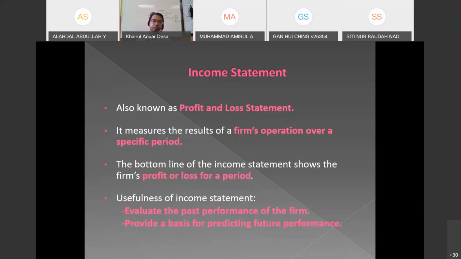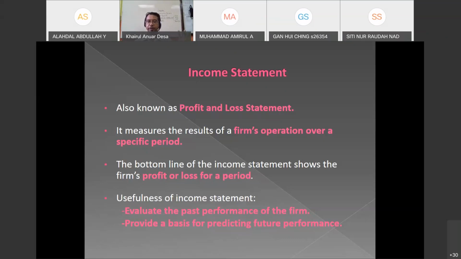Okay, untuk menilai prestasi kewangan, financial performance of the company for the past 1 year. Okay, and to provide the basis for predicting future performance. Based on the last year performance, we're going to rectify the problems, or we want to set up a new strategy to face new challenges in the future.